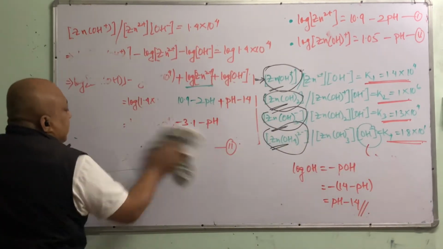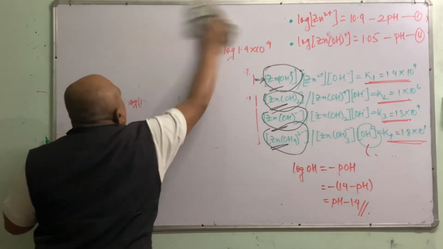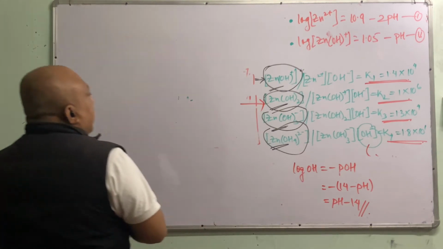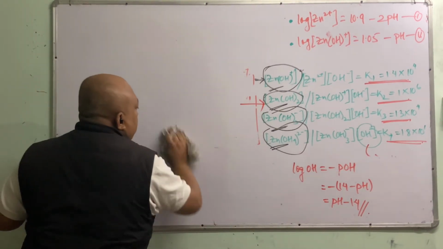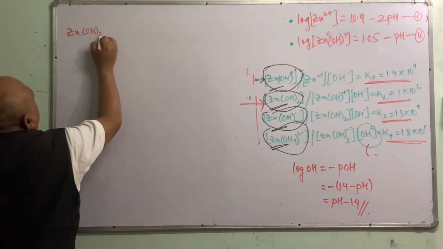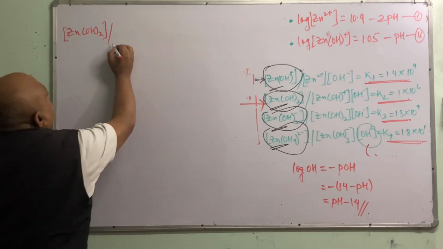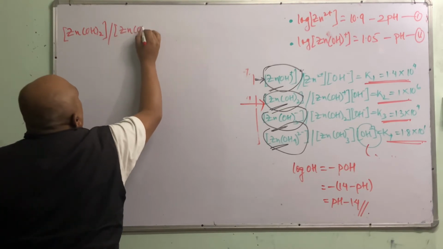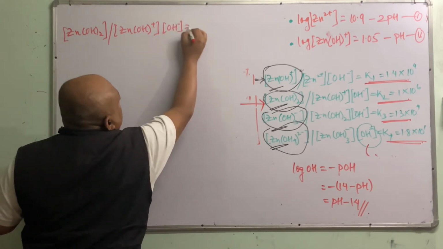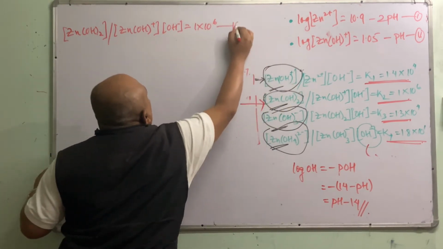Okay. The third one is going to be this. Correct? So the next one is [ZnOH2] divided by [ZnOH+][OH-] is equal to 1 into 10 to the power 6. This is K2.